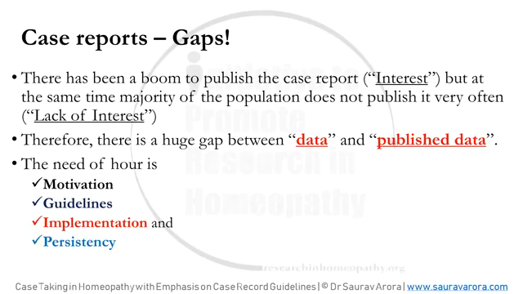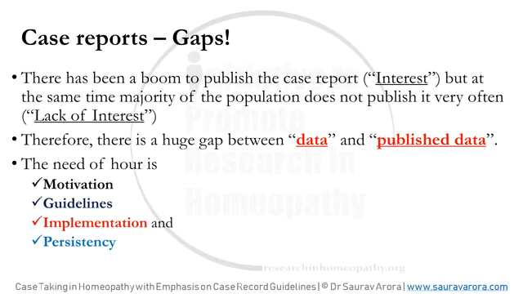So you have the data, but it is not in published form. What exactly is the need? It's the motivation, the guidelines, the implementation, and the persistency. All these four areas are equally important when we talk of case reports. We should have motivation: yes, I see patients, I want to get them published.